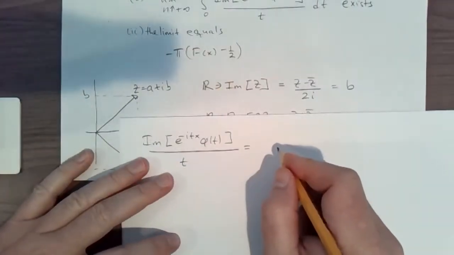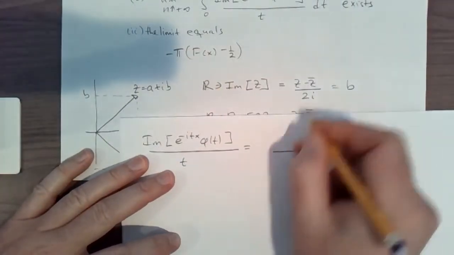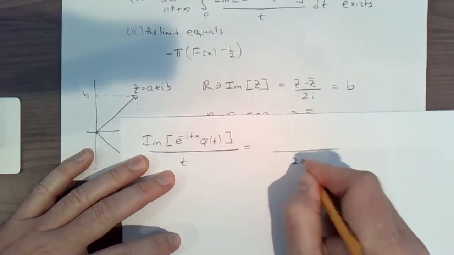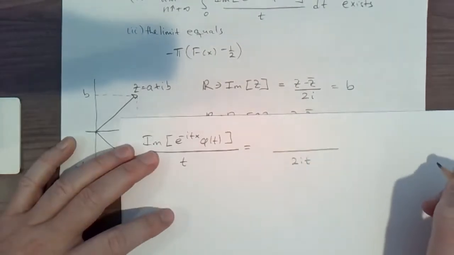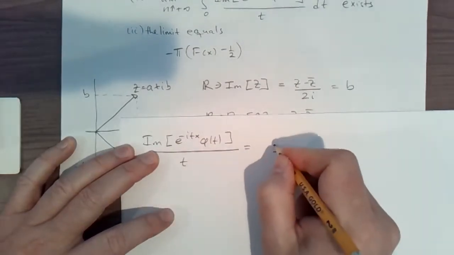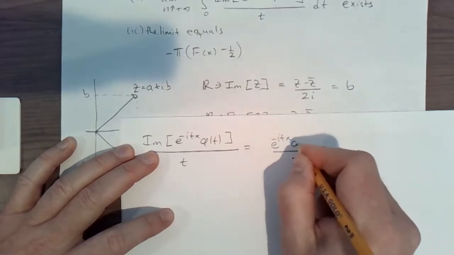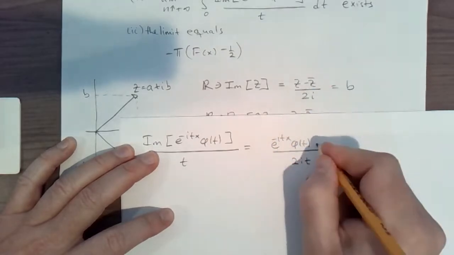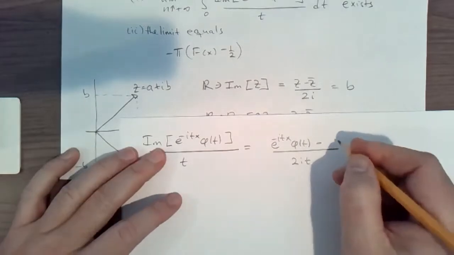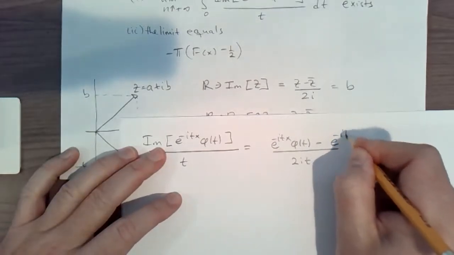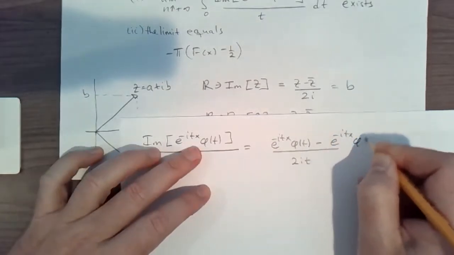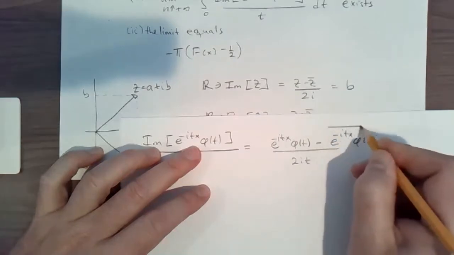This will be equal to, downstairs I'll have 2it. Upstairs I'll have the number e to the minus itx phi(t) minus its conjugate, and then the conjugate of this thing.